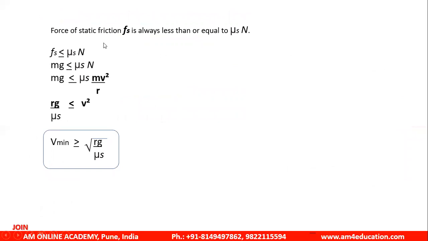In this case, Fs is always less than or equal to mu s into N. Fs is equal to mg, as we have seen in the last slide, and that is less than or equal to mu s into N. On keeping v square on one side and taking all the terms on the other side, we get v square is equal to rg upon mu s, or v minimum is greater than or equal to under root rg upon mu s.